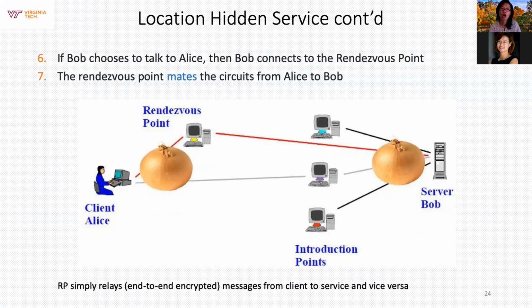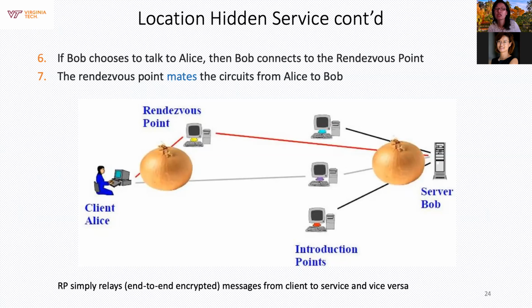And then Bob would choose. If Bob chooses to speak to Alice after seeing the request, Bob would then connect to the rendezvous point. And this is where both parties, Alice and Bob, the client and server, now have a middle ground. They know each other now through the rendezvous point.